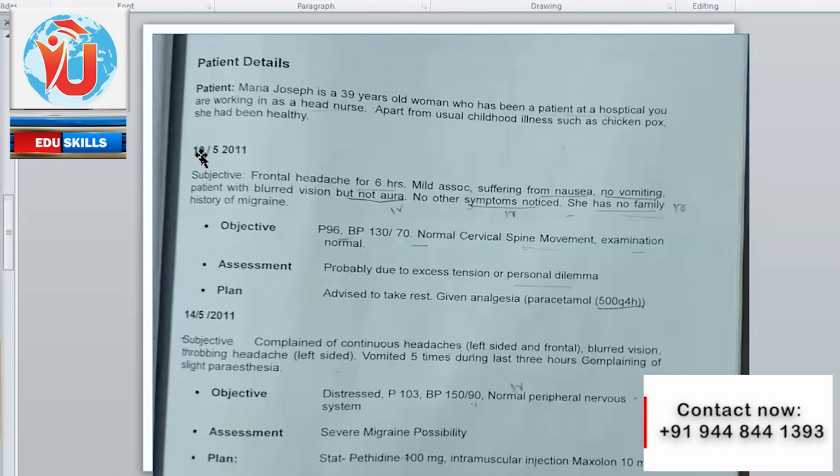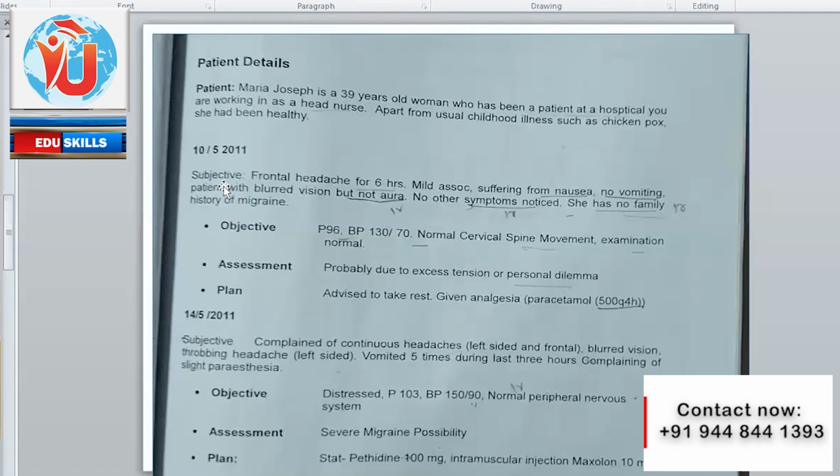Let's see, the first date is 10th of May 2011. Here, they are given as subjective data, objective data, assessment, and plan. As we are all nurses, in the hospital we use these medical terms. Subjective data means what the patient says, objective data means what we observe from the patient, and then assessment and plan.